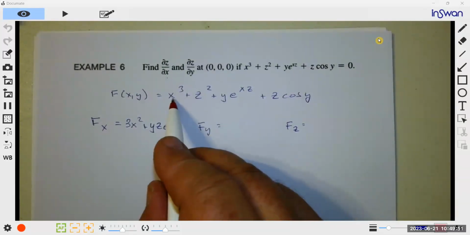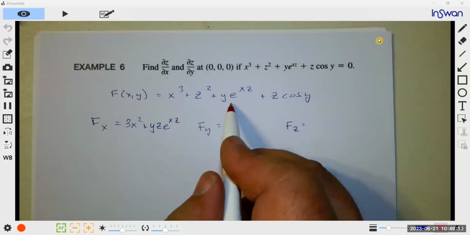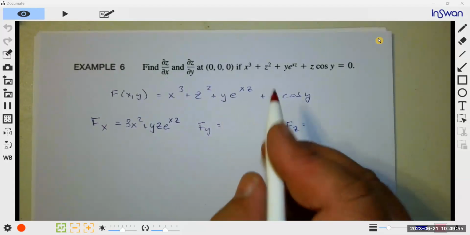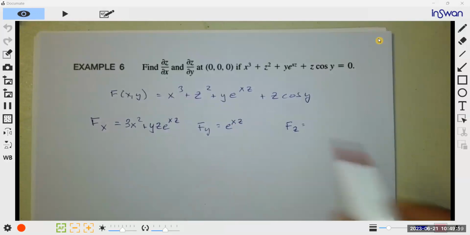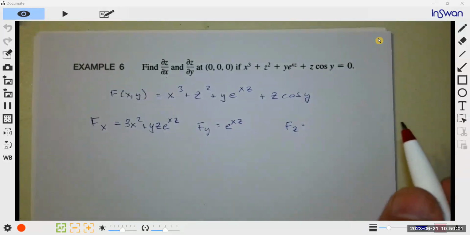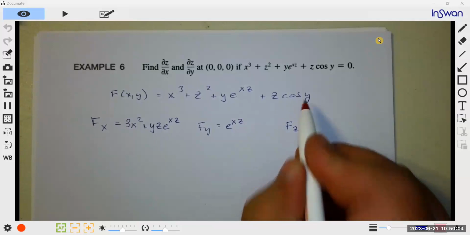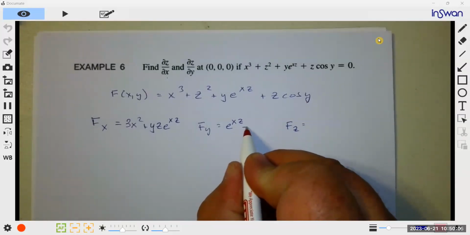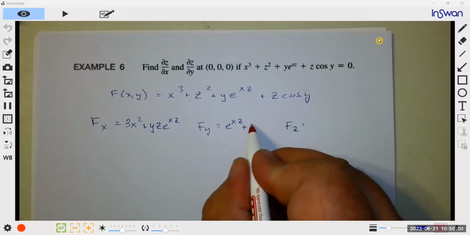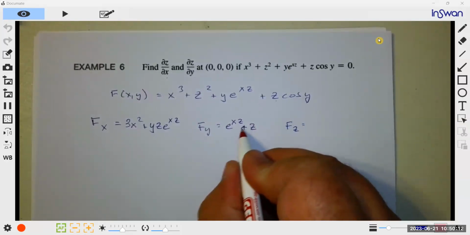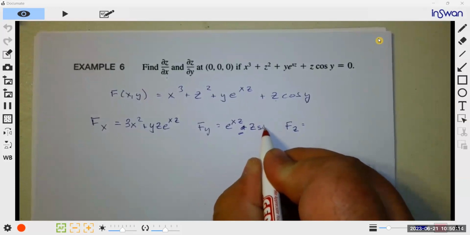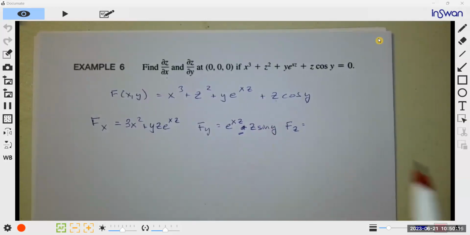Derivative of y. No y there, no y there. The derivative of y goes to 1, so we just have xz. And there's y. The constant, leave it alone. Derivative of cosine is negative sine y.